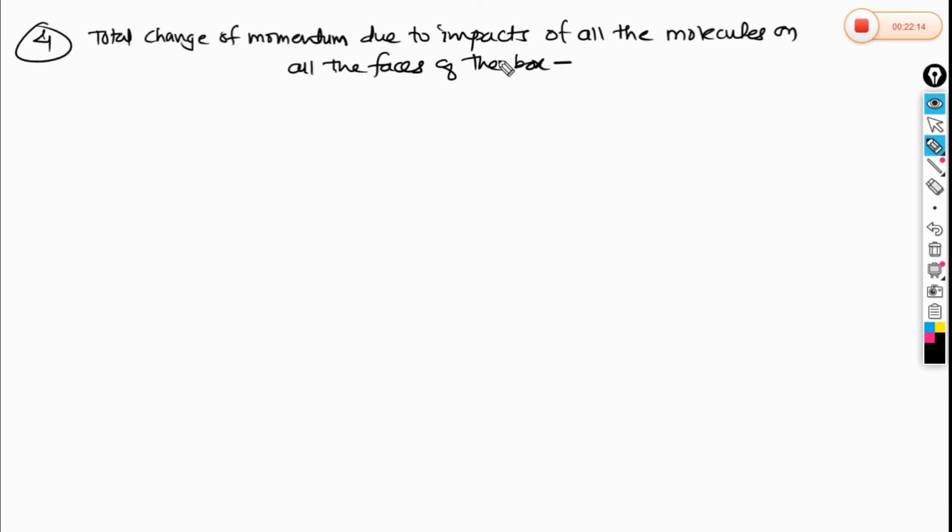We have seen for one molecule, now we are seeing for all the molecules on all the faces, the total change of momentum.